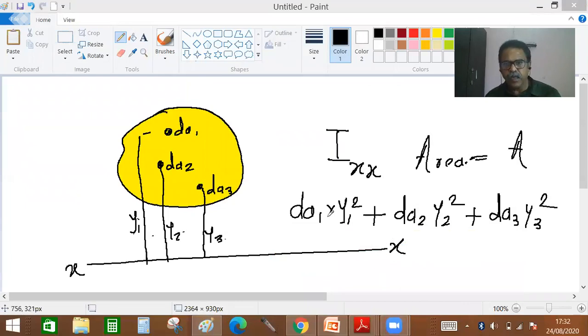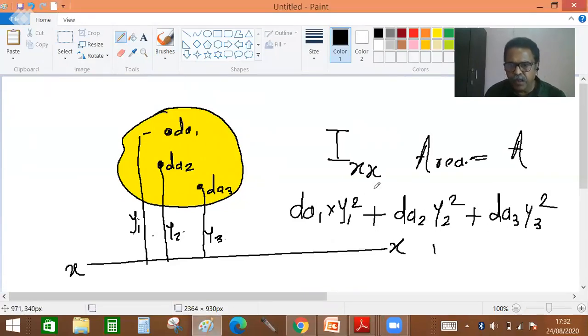So the moment of inertia of this area is area multiplied by distance square. This area we have divided into, for example, three parts. There are infinitely many parts, but for calculation purposes we have shown 1, 2, 3. So dA1, according to the definition, is area multiplied by distance square y1 square. Similarly, for the second, dA2 y2 square, and for the third, dA3 y3 square.